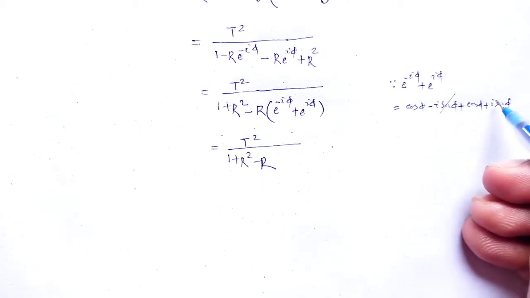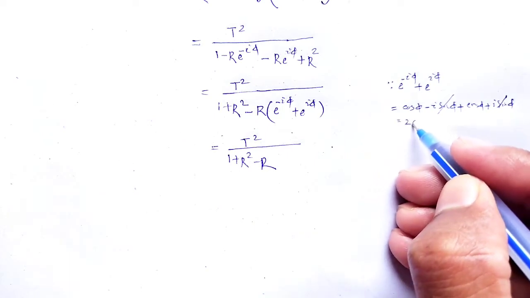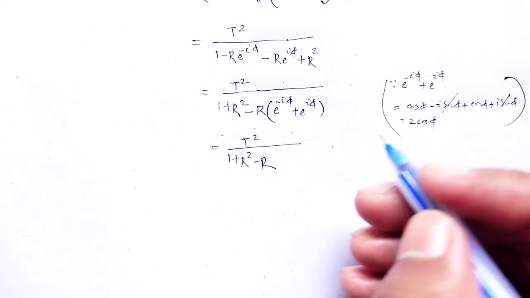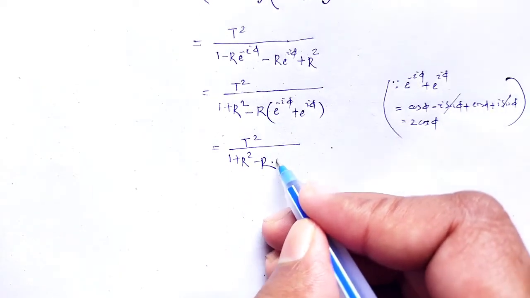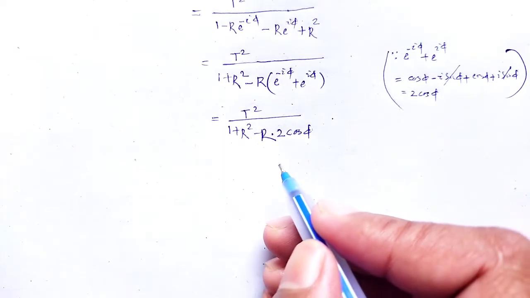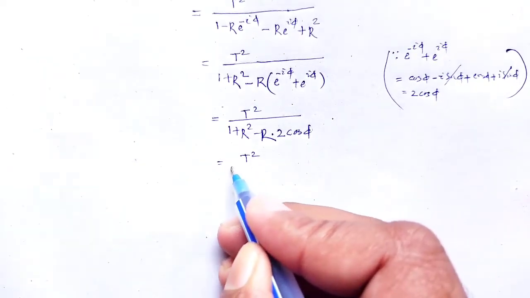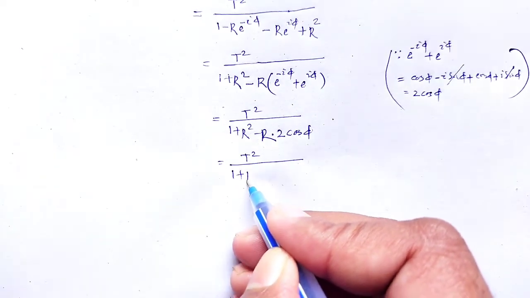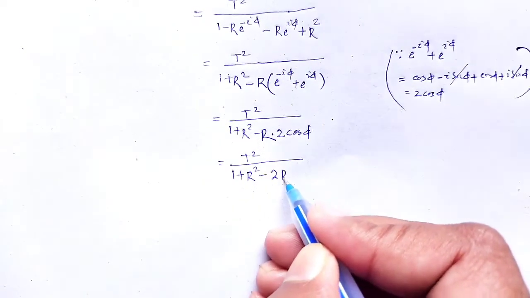Minus i sin phi and plus i sin phi cancel out. We have 2 cos phi. So, T square divided by 1 plus r square minus r times 2 cos phi, that is, 1 plus r square minus 2r cos phi.